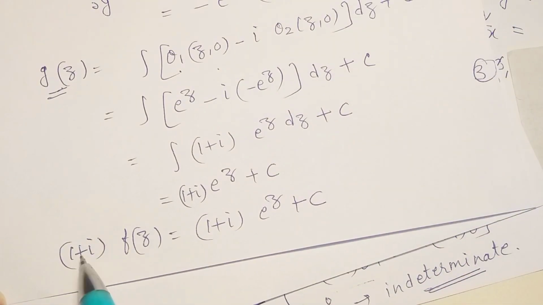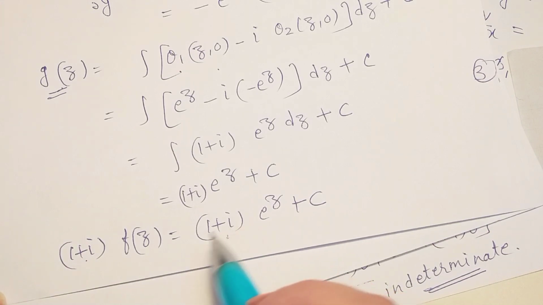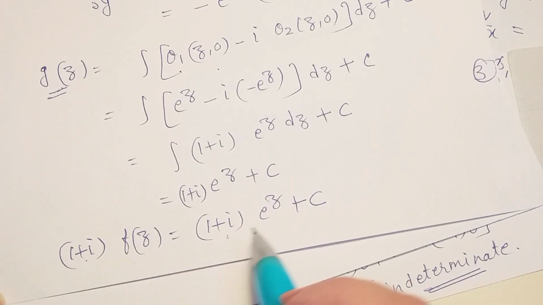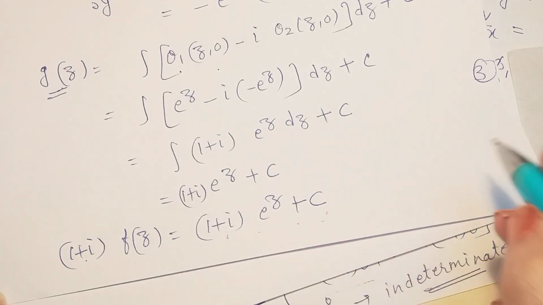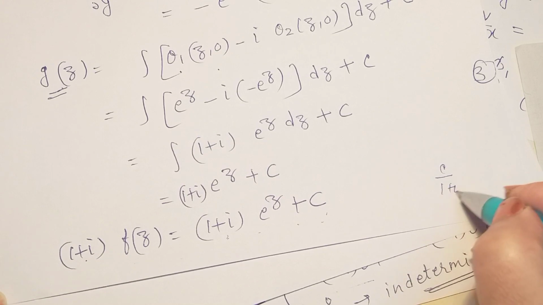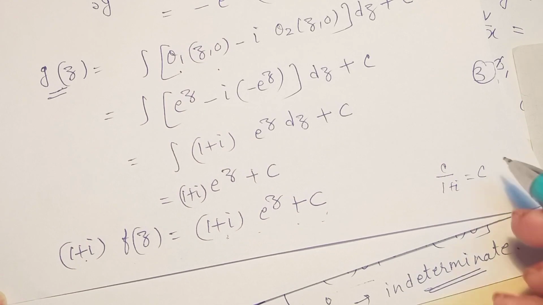Again this 1 plus iota and this 1 plus iota will cancel each other, and we'll get f(z) is equal to e to the power z plus c. C is a constant value here. So c by 1 plus iota, if we write it again as a constant, it will again give a constant value. So we can write it as c, or we can put some other value c dash or k for a constant value.